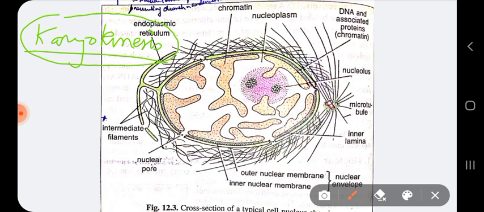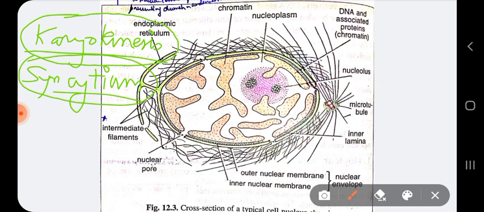Or sometimes cells fuse to form a syncytium. Syncytium, not cytium, syncytium. Multiple cells can fuse to form a syncytium, like in mature muscle cells. Due to this fusion, multiple nuclei can also be observed.